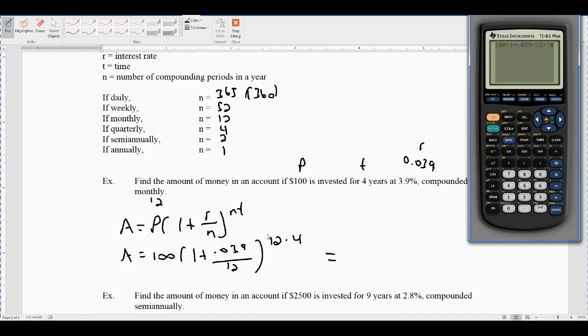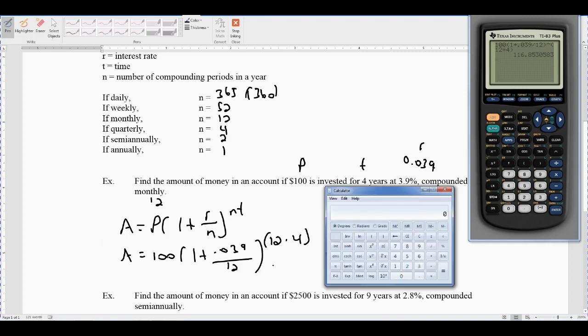If you don't want to, you can put that exponent in parentheses, if you want the calculator to do all the thinking for you. So make sure you do that. Either use 48 or use parentheses. And you get 116.85. It's always 2 decimal places unless you're told otherwise.